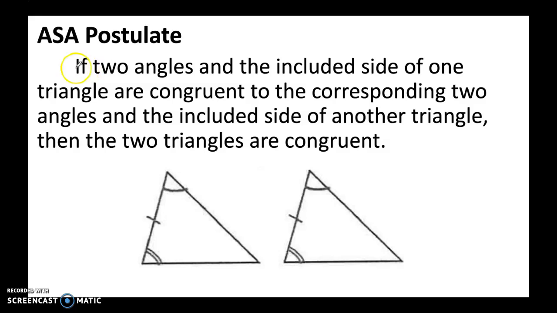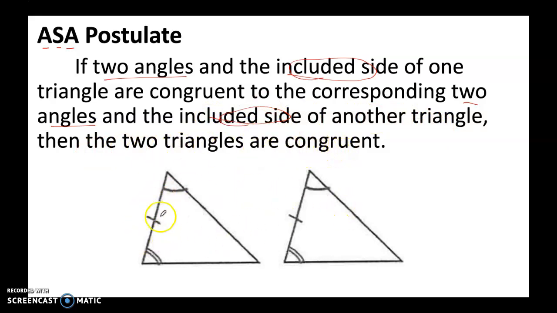ASA postulate. So we have angle, side, angle. If two angles and the included side of one triangle are congruent to the corresponding two angles and the included side of another triangle, then the two triangles are congruent.